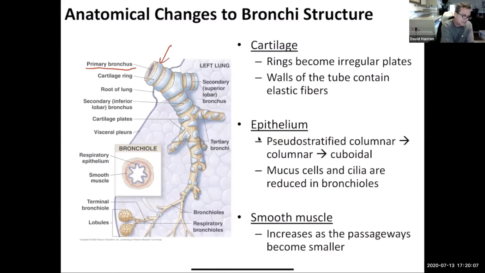And then that's going to give way to cartilage plates. Those plates are going to end, the cartilage ends when we reach bronchioles. It's going to be smooth muscle that's responsible for holding the airways open or closing them.